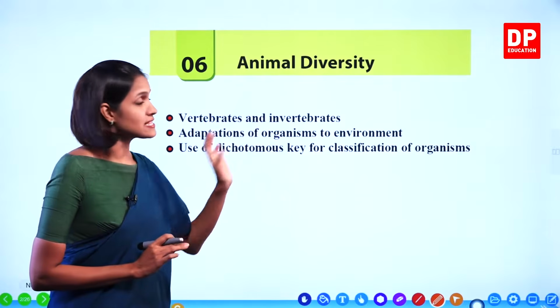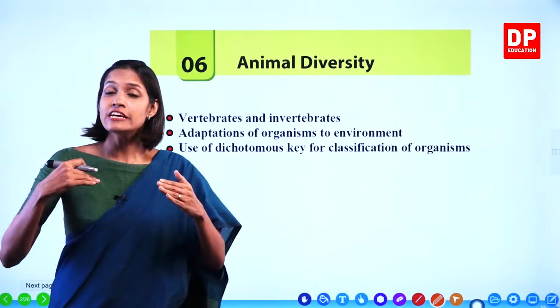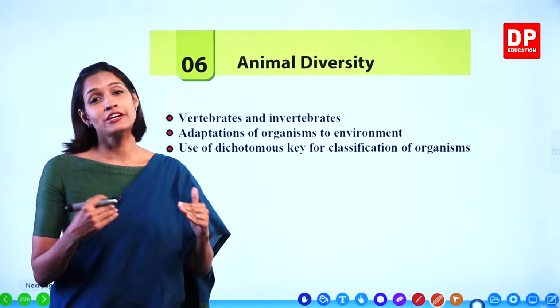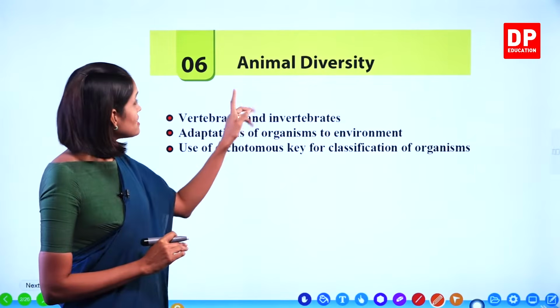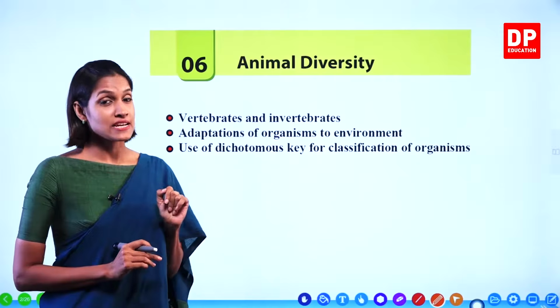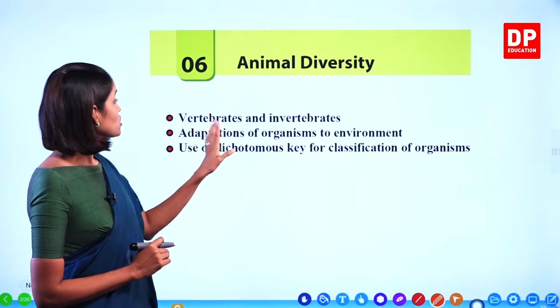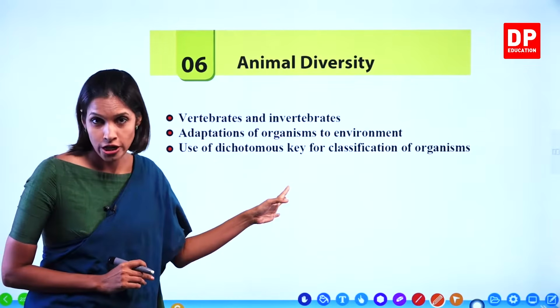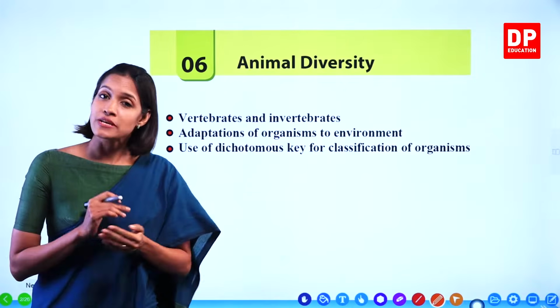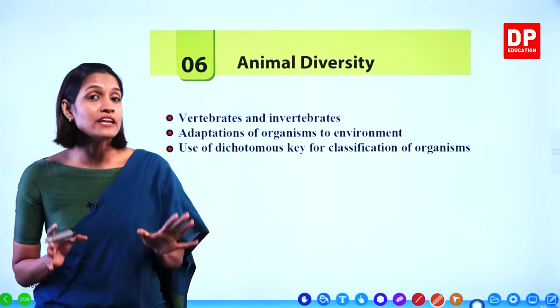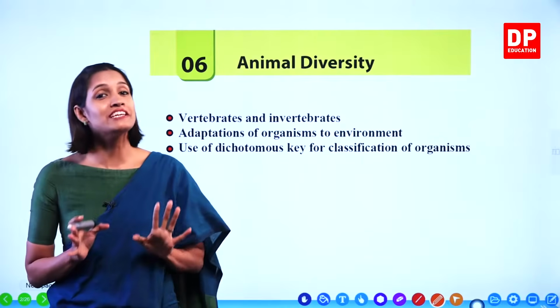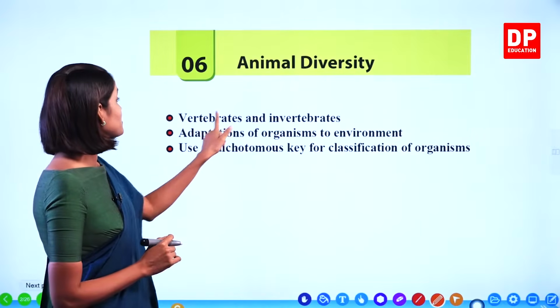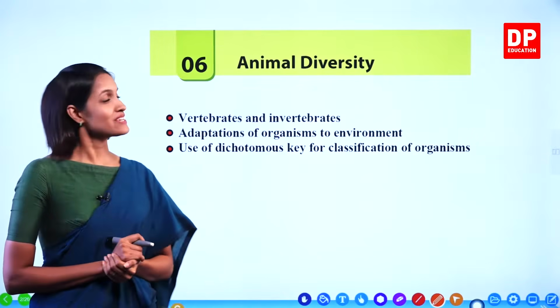So under this lesson, we are going to learn what are the different features of different animals. And under these different features, we are going to discuss about a special feature called the presence of backbone. Right? So based on the presence of backbone, we can divide animals into vertebrates and invertebrates.